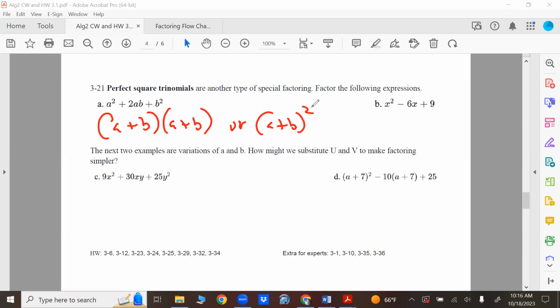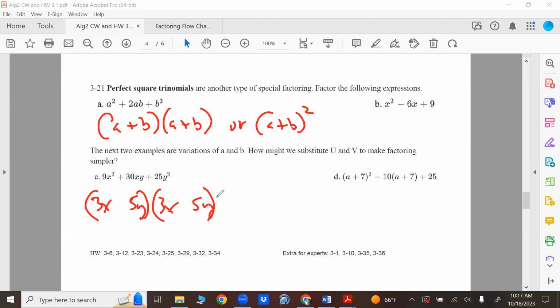So take a look at C now. It looks nasty, right? But think about it. Is 9 a perfect square? And 25 is a perfect square. What's the square root of each of those? 3x and 5y. Okay, so you have 3x and 5y.